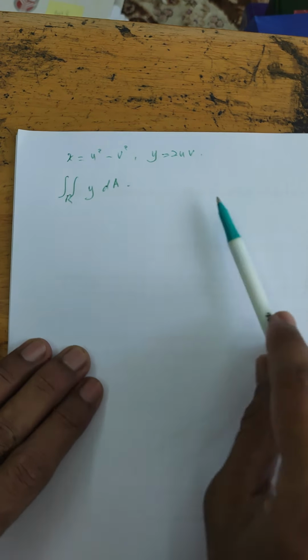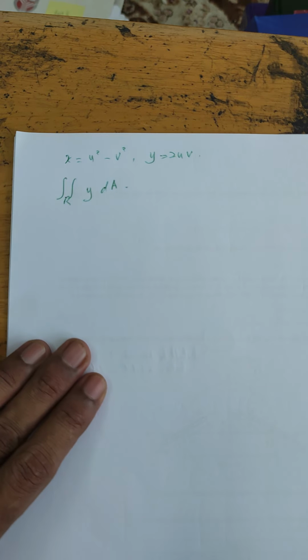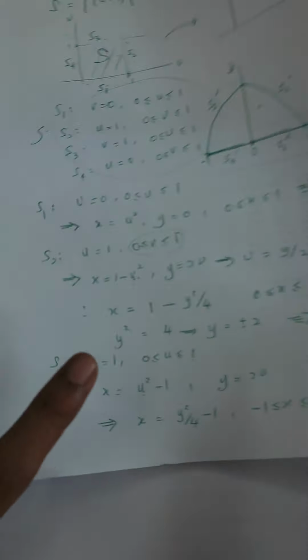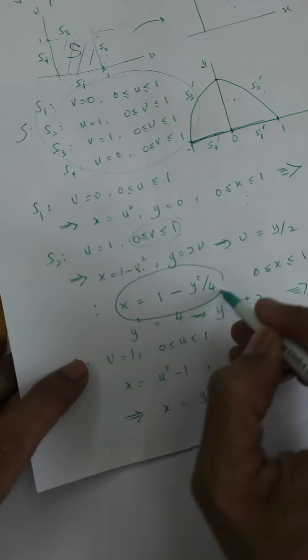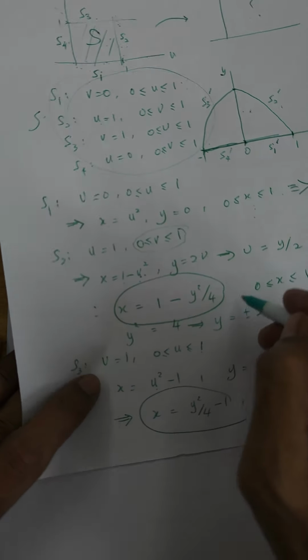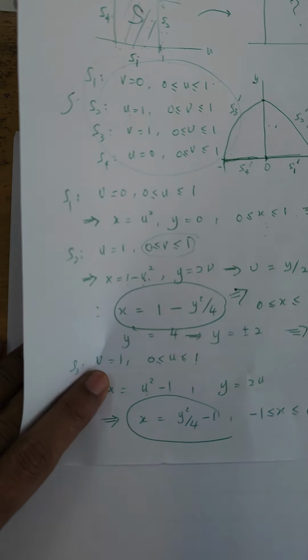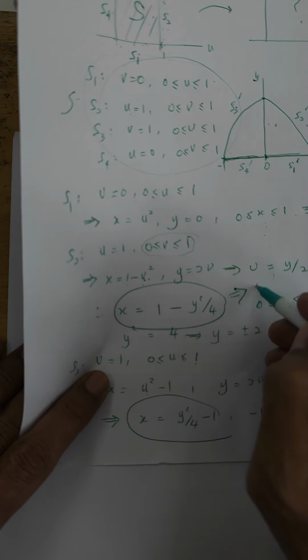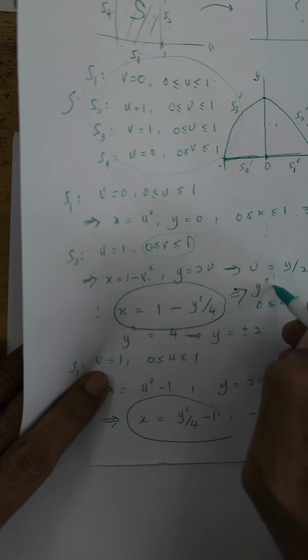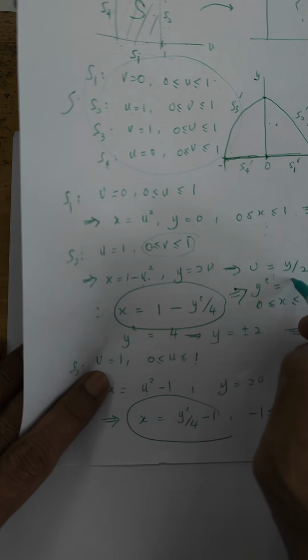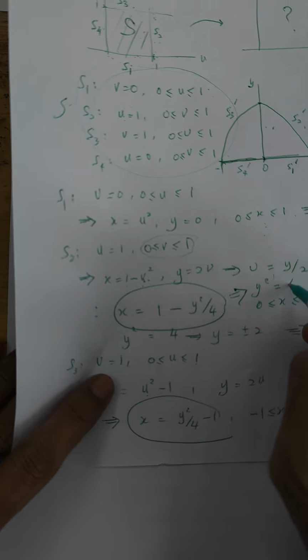So having done this, we know from that equation here and here what this is. That gives you y squared equal to what? 4 minus 4x.